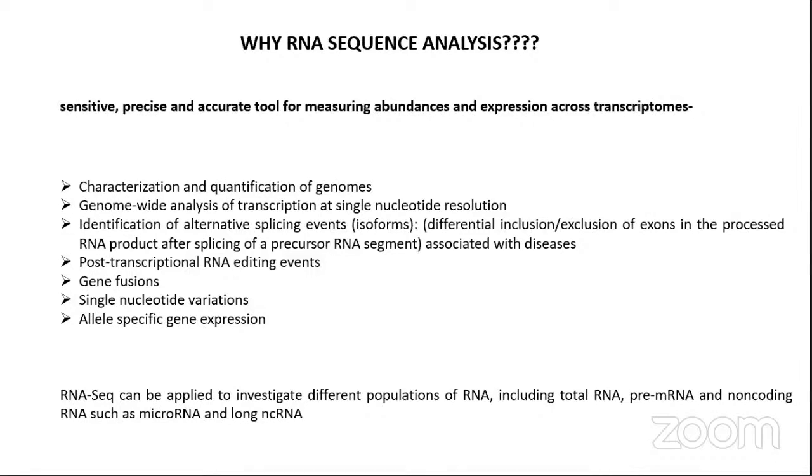So RNA sequencing is sensitive. It is a very precise and accurate tool for measuring abundance and gene expression across transcriptomes, which I explained already, between different treatments. Say suppose I have one species or one tissue X, and I would like to increase the probability of Y in this set. So what am I going to do?